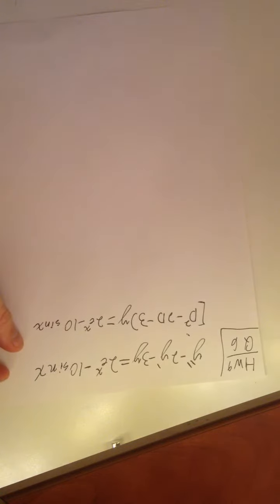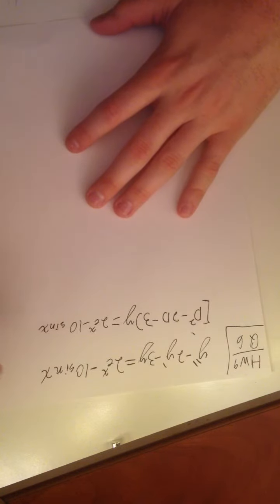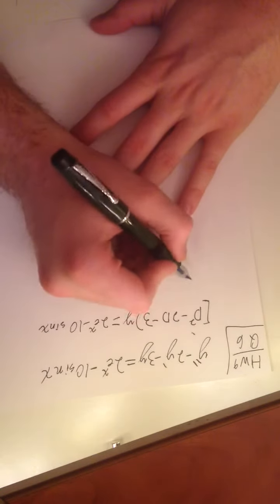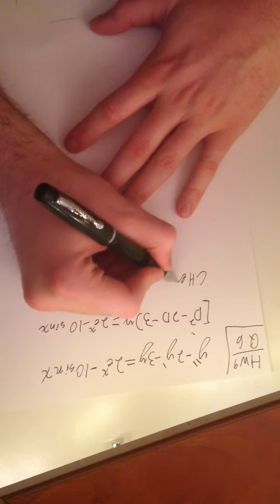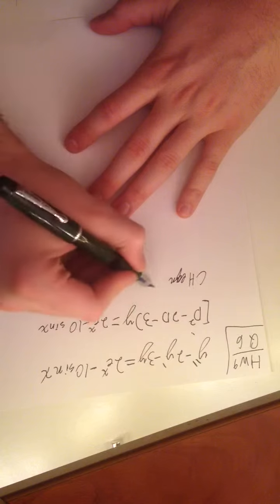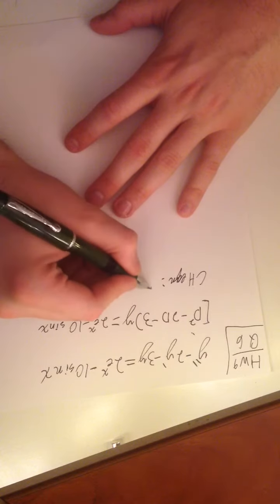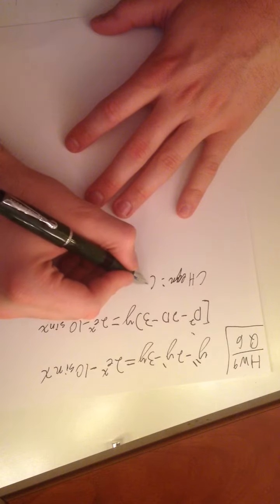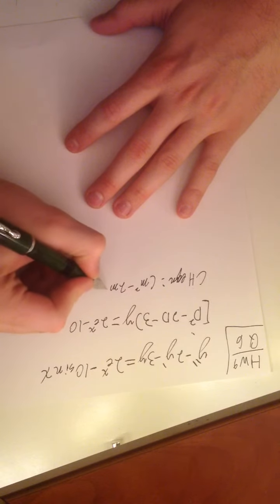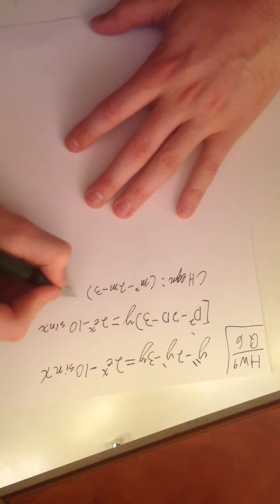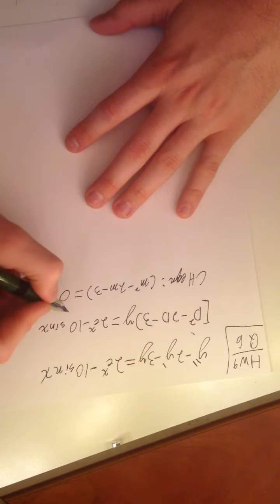Now we're going to need to solve for our homogeneous version. To do that, we take the characteristic equation, which is m squared minus 2m minus 3 equals 0.